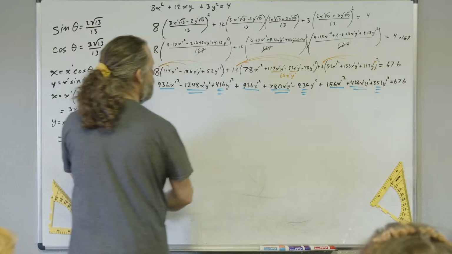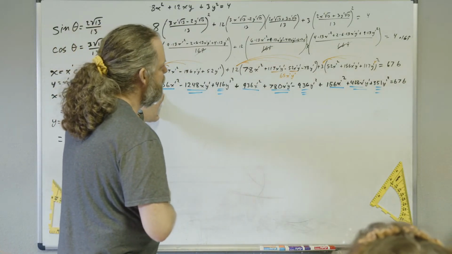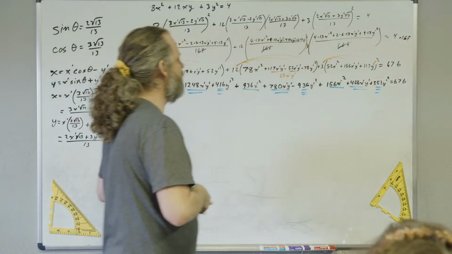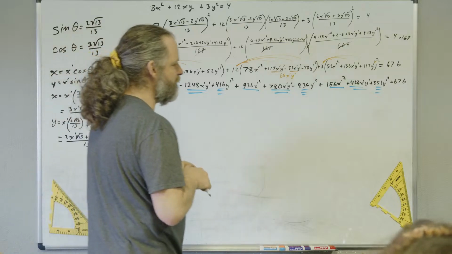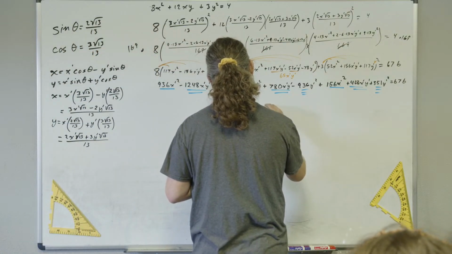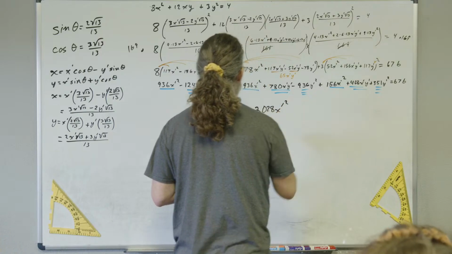Okay, so 936 times 2 plus 156, 2,028 x prime squared.